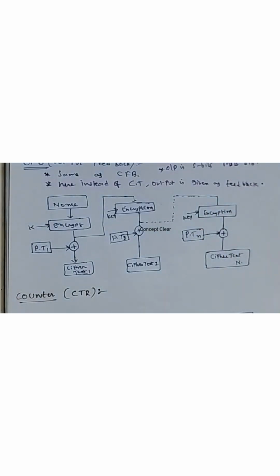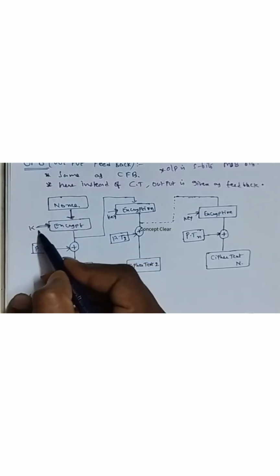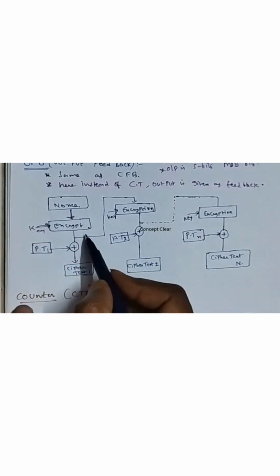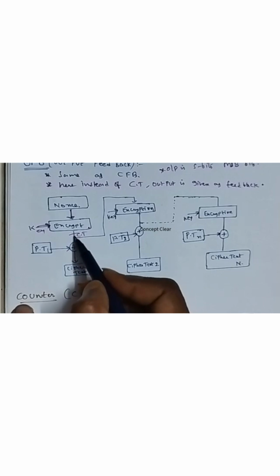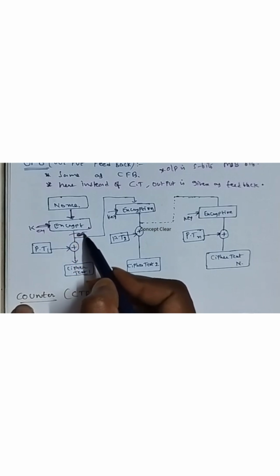In the first round we take a nonce as the input, and with the help of the key we perform encryption. This encryption output we take as the input to the second round.